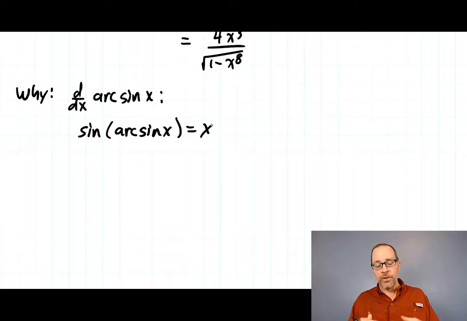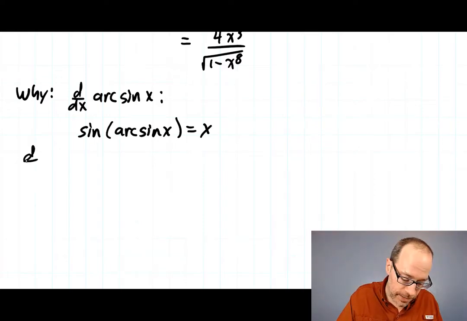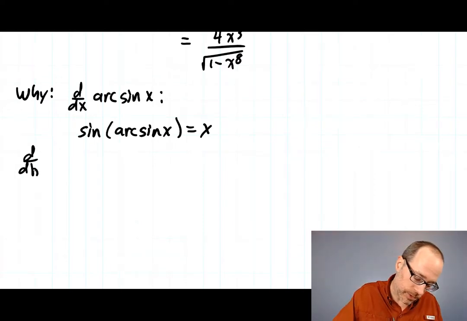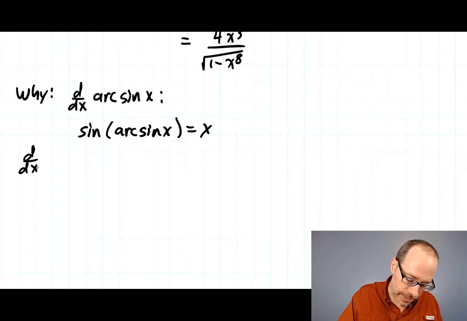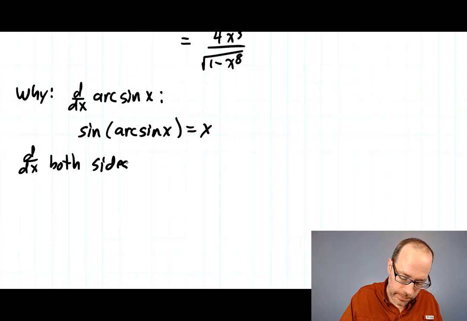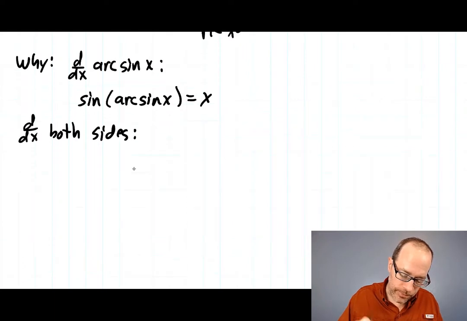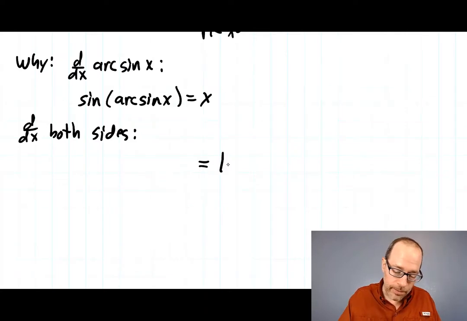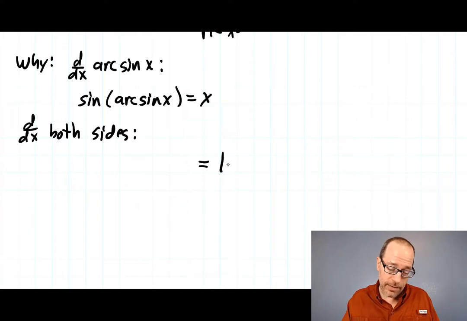Because remember, whatever arc sine does to x, sine undoes it, and vice versa. So the trick is just to take d by dx on both sides, just like implicit differentiation. So what we get on this side is just a 1 on the right side, but the left side, you have to do the derivative of the outside function.